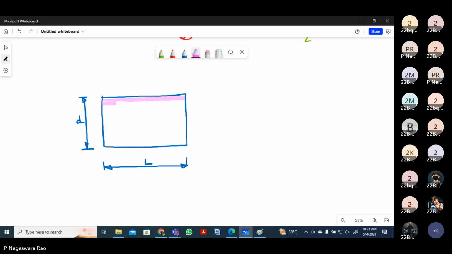Like an A4 paper in the form of a rectangular shape, I am shading this area. It is not lines, not simply joining of the edges. It forms an area in the form of a rectangle.